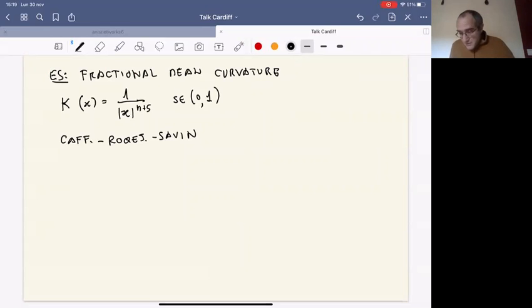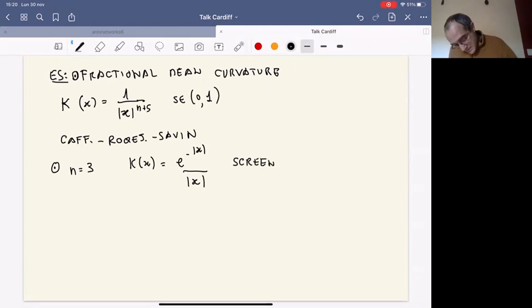But there are other examples which have some physical interest. Another example, for example in R3, is a kernel given by this, and this kernel here corresponds to some screened Coulomb energy.